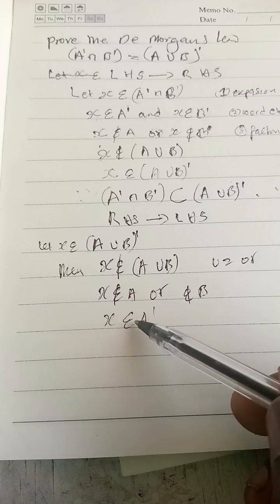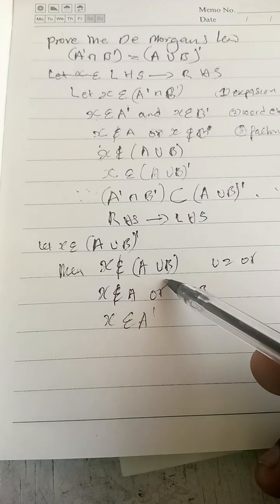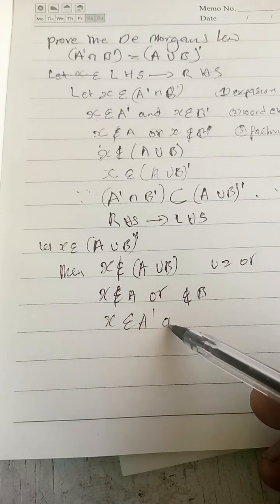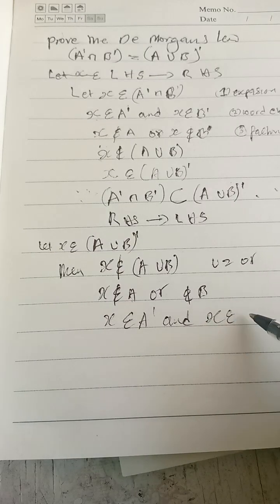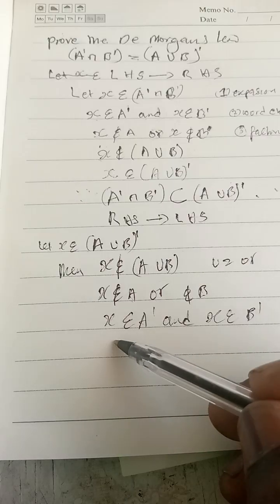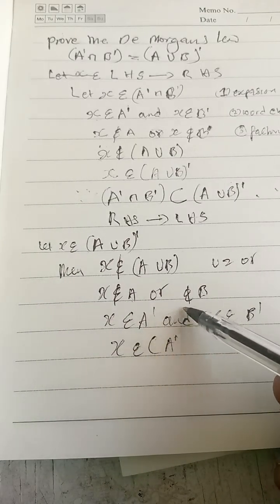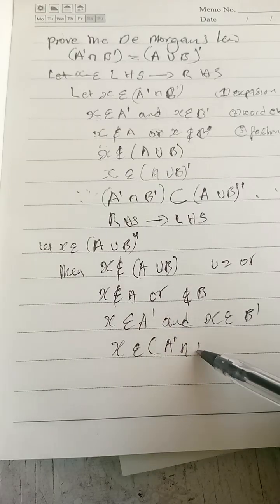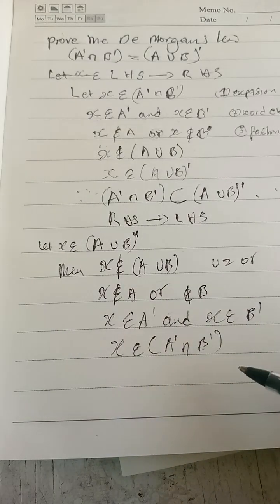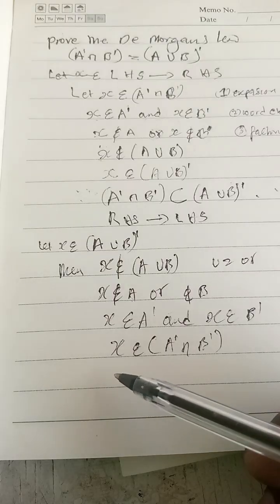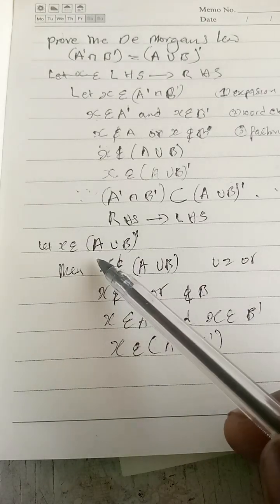So after changing this statement, you need to change also the OR to and, x is a member of B complement. Then from there, we do the factorization. x is a member of A complement inside the bracket, and changes to intersection B complement. Therefore, we write what we started with.